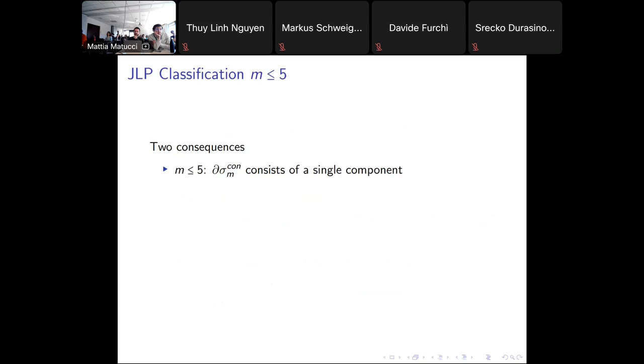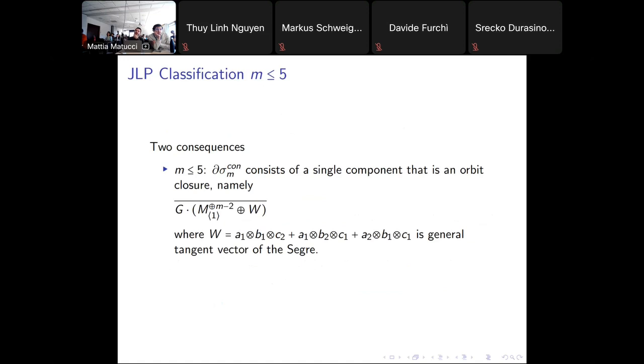It's an irreducible variety. It's kind of amazing. And it's an orbit closure, namely, the orbit closure that we saw already. We take this W and we add to it whatever we need to get an MMM tensor. We take all changes of bases of that, and then we close it up.